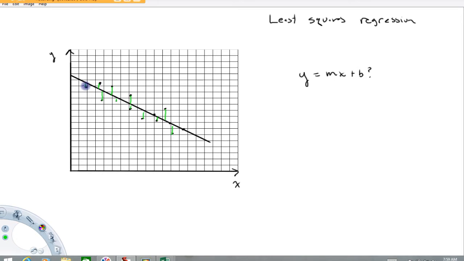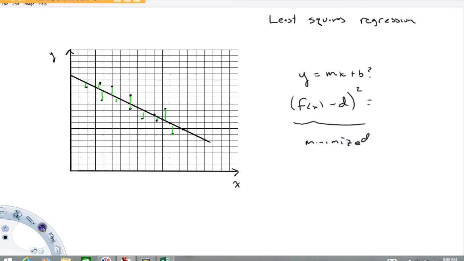The idea behind a least squares regression is that you look at the difference between the function that you come up with and the data points. I'm just going to put minus d for data. This difference is squared, and then this difference needs to be minimized.